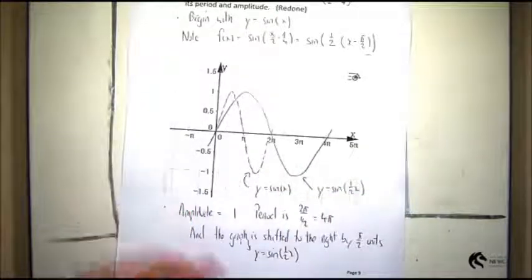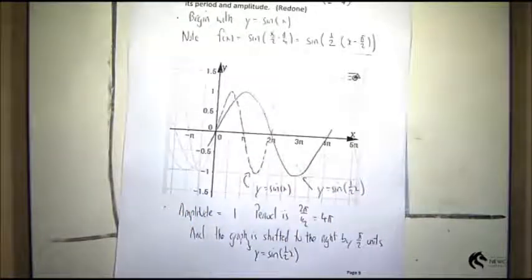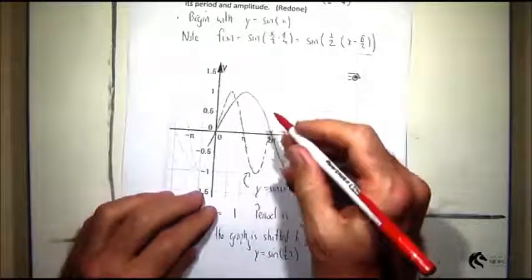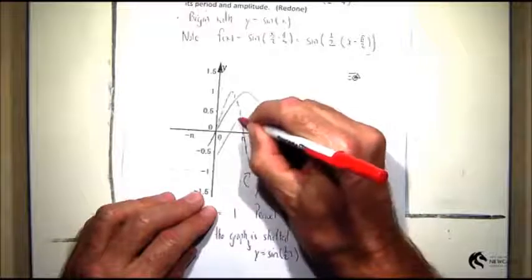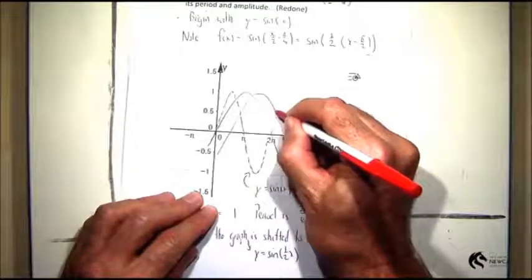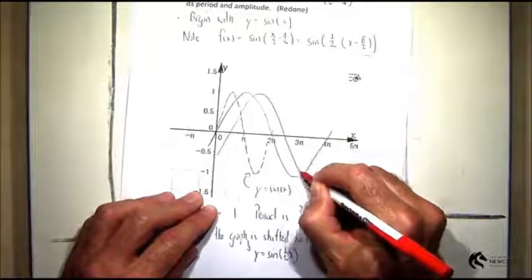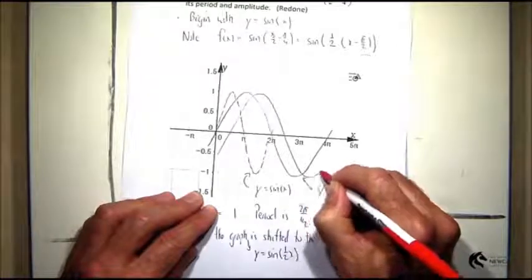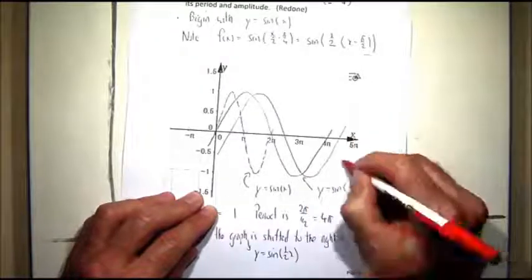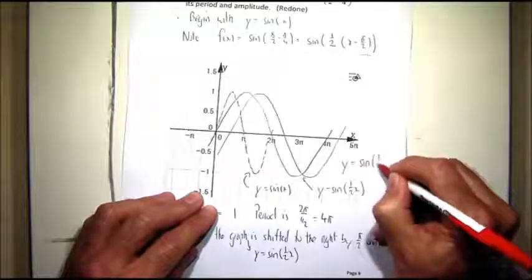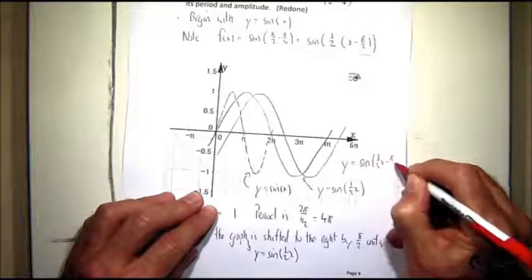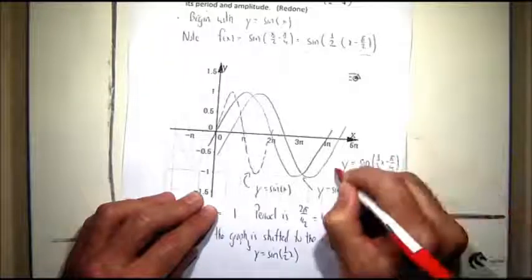And now I shift that pi on 2 further over. So it looks like this. Here it comes. Like that. So that's the graph of sine a half x minus pi on 4.